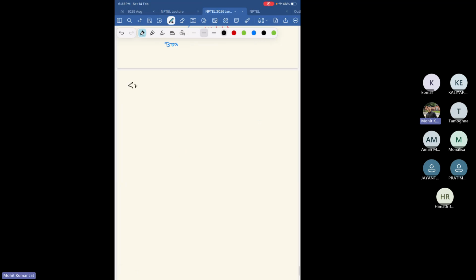So if this is your H, let's operate H on the wave function psi. It will be H operating on 1 by root 2 phi 1 plus 1 by root 5 phi 2 plus 1 by root 10 phi 3.